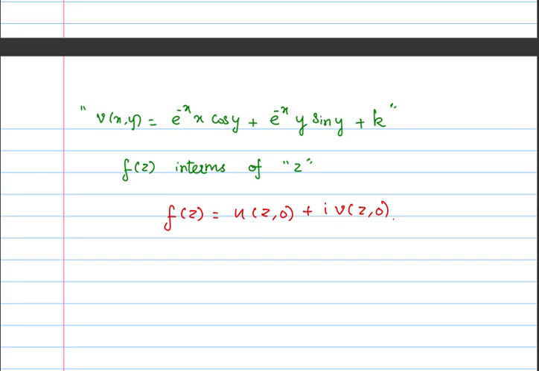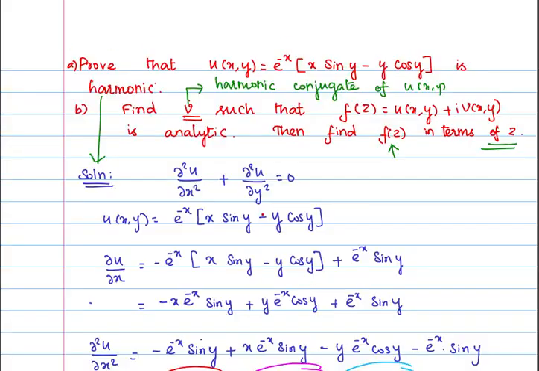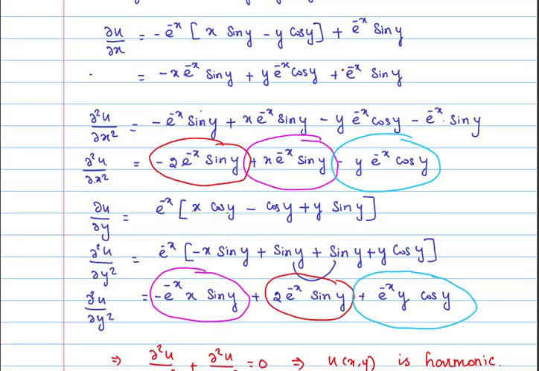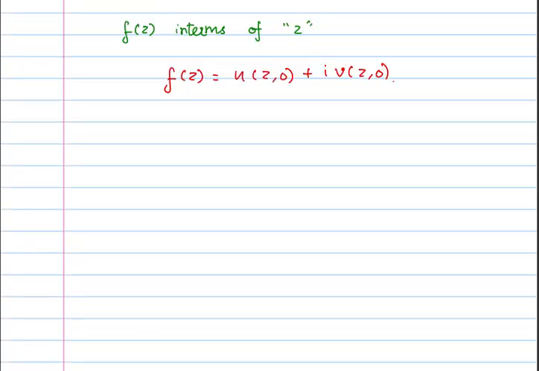So what is u of z, 0? You put x as z, y as 0. Putting y as 0, this term becomes 0, so there is no contribution. Similarly, with y equal to 0, this part becomes 0. So clearly, u of z, 0 is 0.